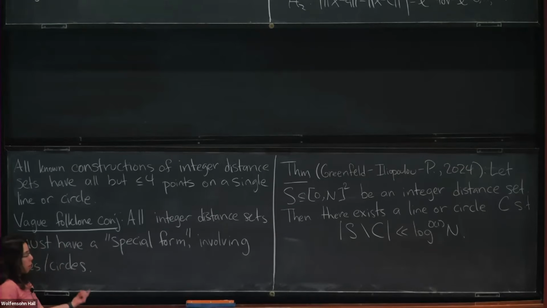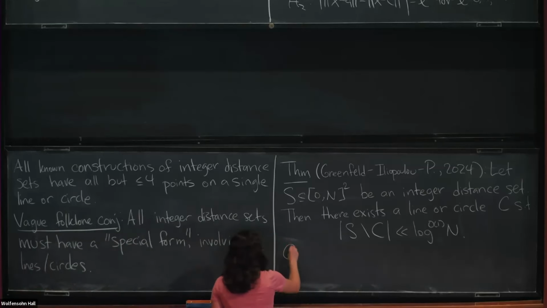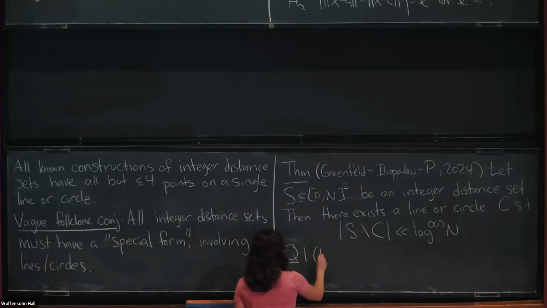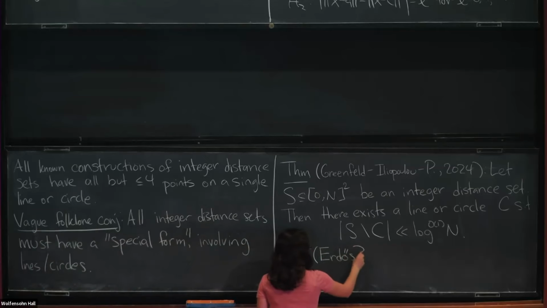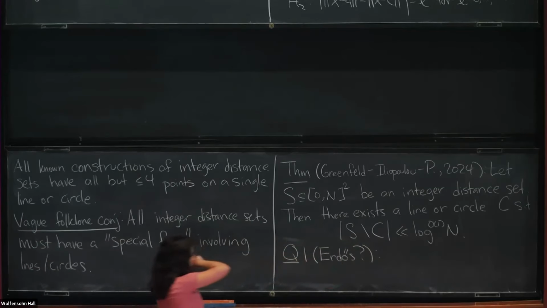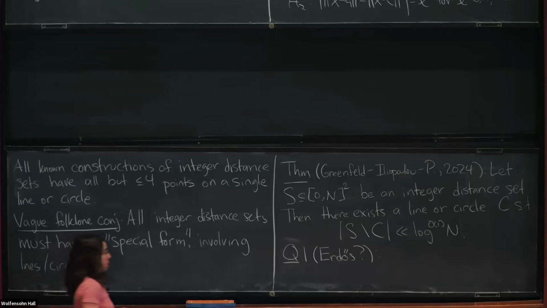Using the structure theorem, we're able to make progress on a couple of classical questions about integer distance sets. The first one is usually attributed to Erdos. Rachel, Marina, and I went on the website that has all of Erdős's papers and tried to find the first occurrence of him asking this question.